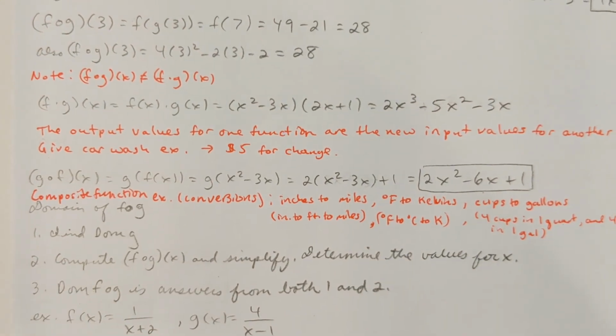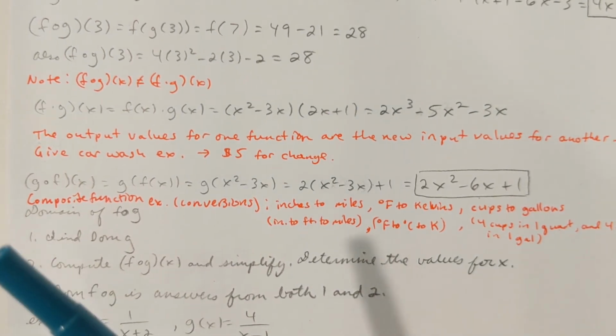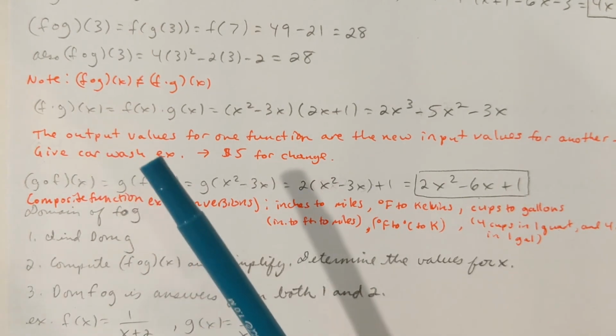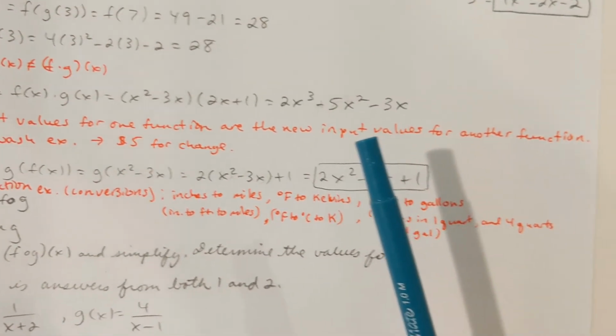Now, one example that I like to give for understanding function composition, and I'll talk about some others shortly, is that the output values from one function are the new input values for another function.